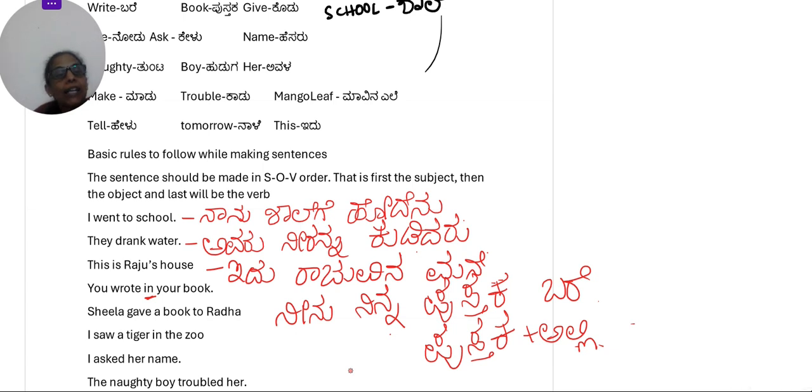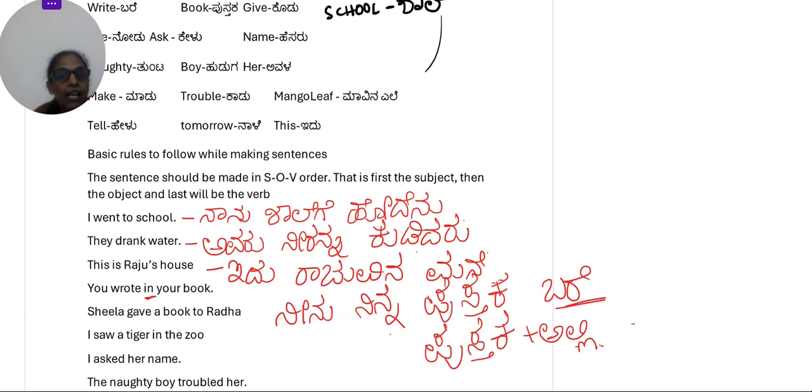But already ninna, a is already added. Okay, the suffix a is what you add for relationship. But ninna word is already having the suffix in it. Okay, so it is already there. It is already applied by default. So we don't have to separately again do it. Okay, so ninna pustaka and alli. Alli is in because you are using in. So the saptami suffix which is alli you have to add.